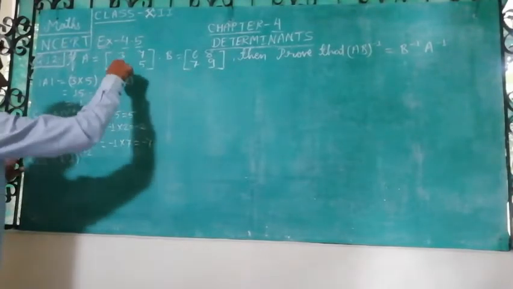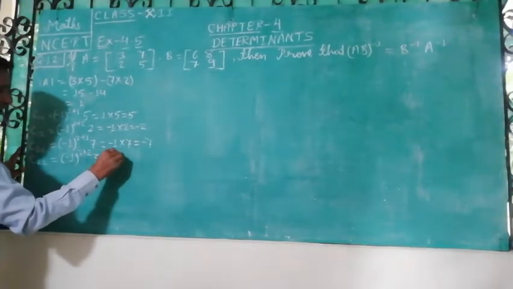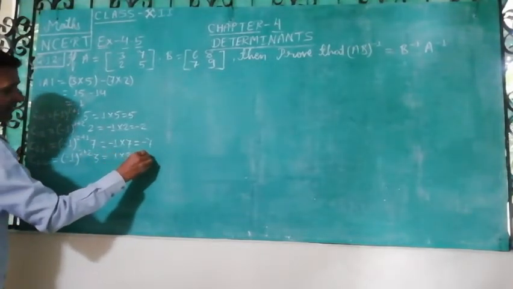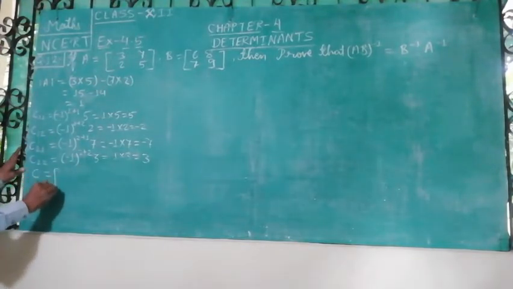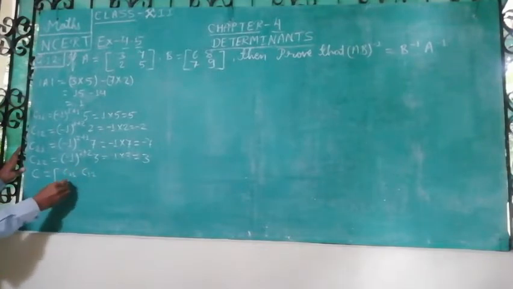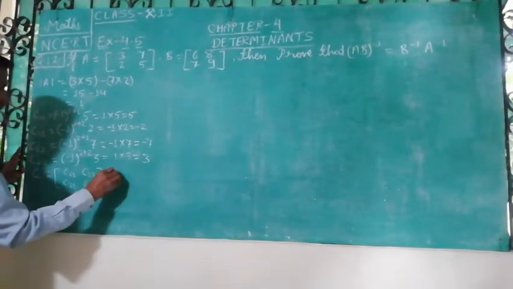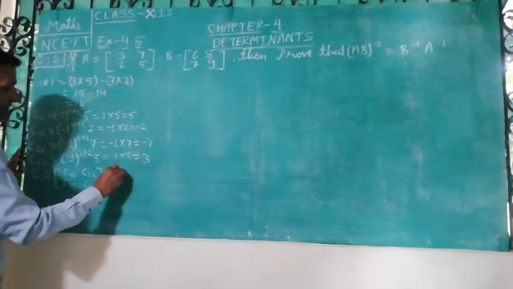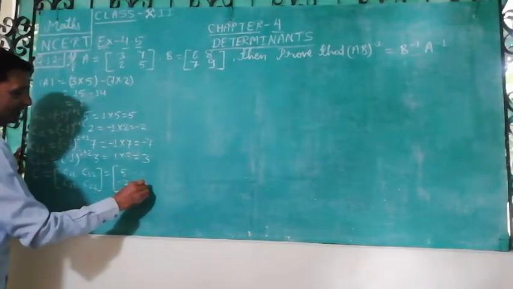The remaining element will be 3, and then it will be 1 into 3, that is equal to 3 only. Now we have to find C. C is equal to C11, C12, C21 and C22, which will be equal to [5 -2; -7 3].